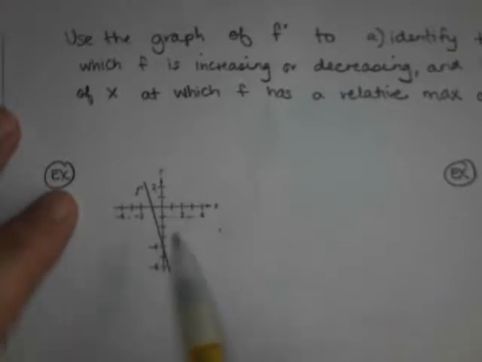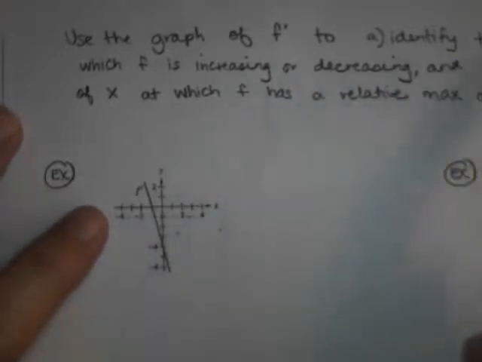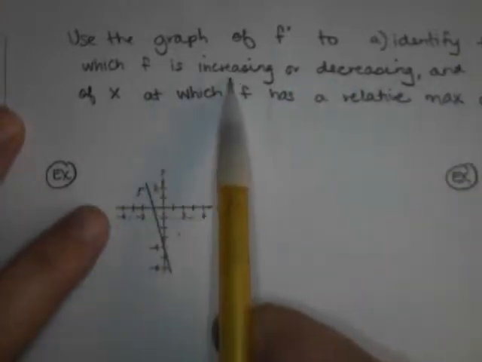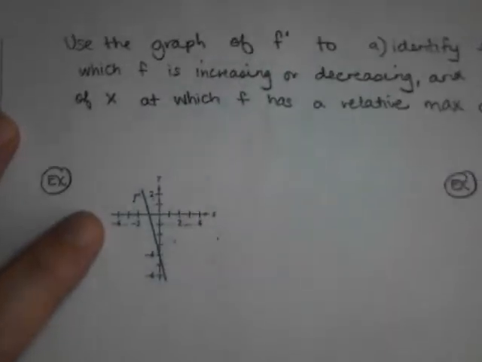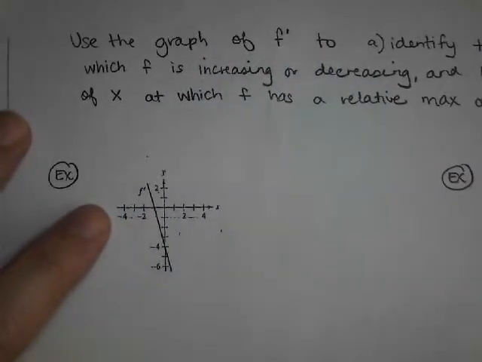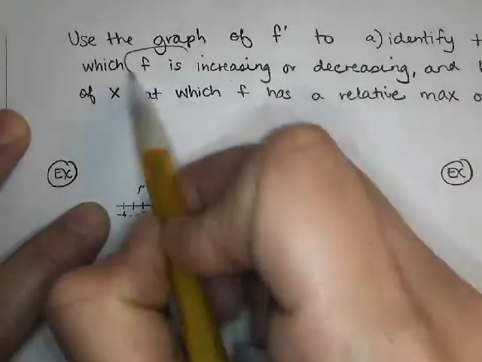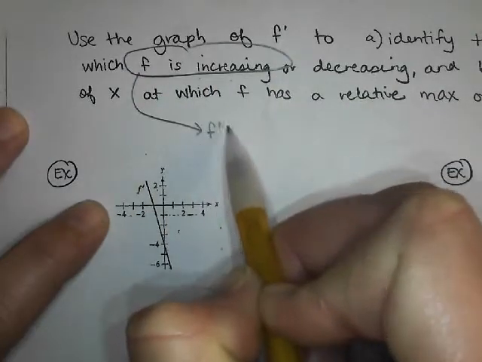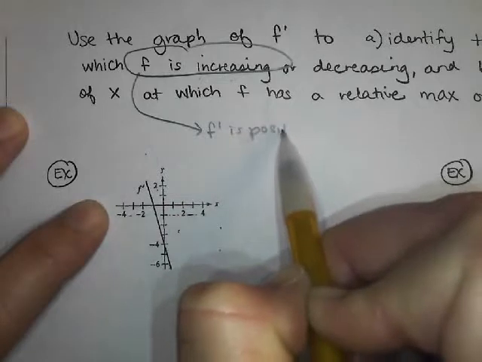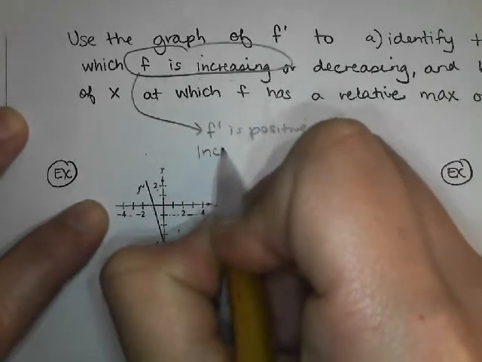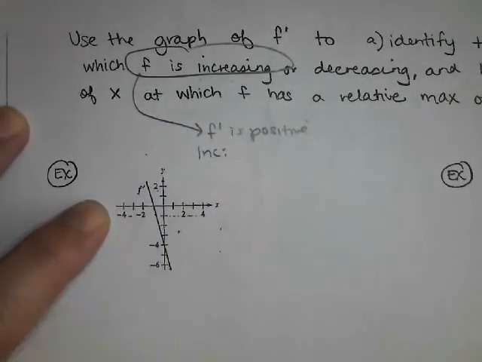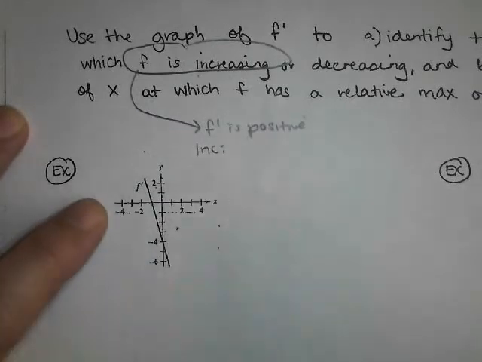Flip over to the back. Now we're given the graph of f prime. Use it to identify the intervals on which f is increasing. f is increasing when the derivative is what? Correct. Derivative is positive. Where is this derivative, based on the graph, positive? Where is this graph positive? From where to where?